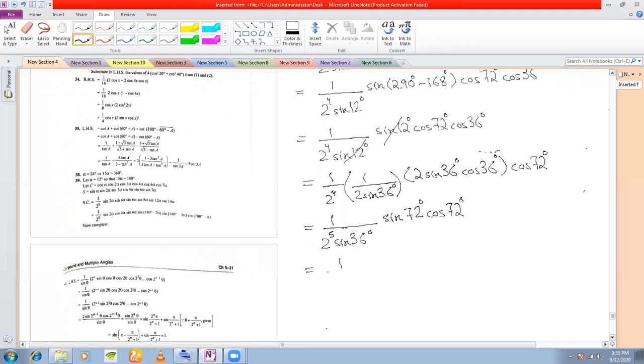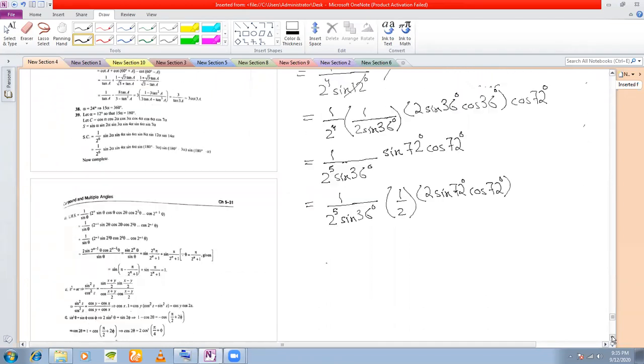So now what happens? This becomes 1/2 to the power of 5 sin 36°, and then again you take a half: 2 sin 72° cos 72°.